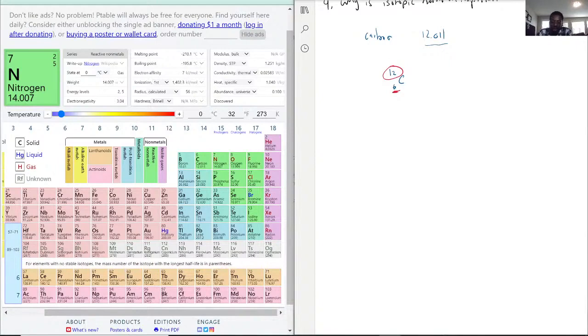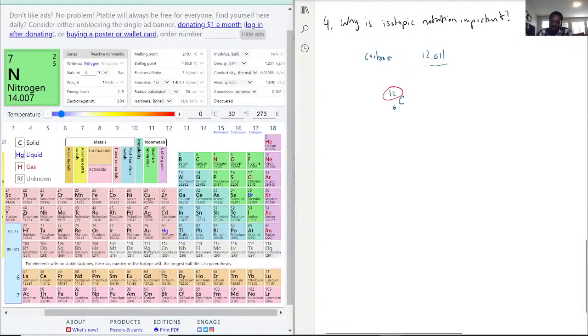Based on the element itself, you already gave yourself the first part of the isotopic notation. The subscript to the left is usually going to match what the element is.